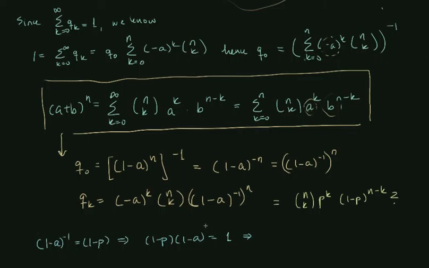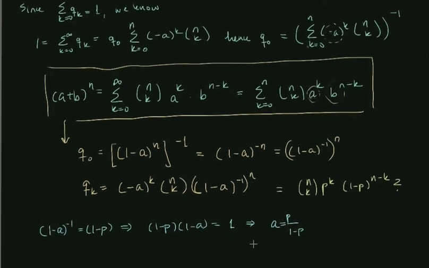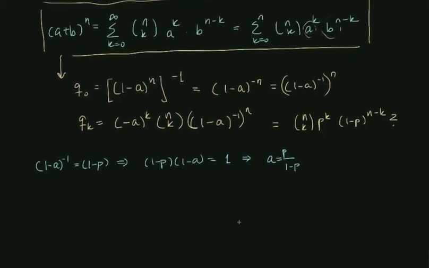If we do a bit of rearranging, then we arrive at the fact that a should be equal to p over 1 minus p. And then we can recognize as well that p is equal to a minus 1 divided by a.